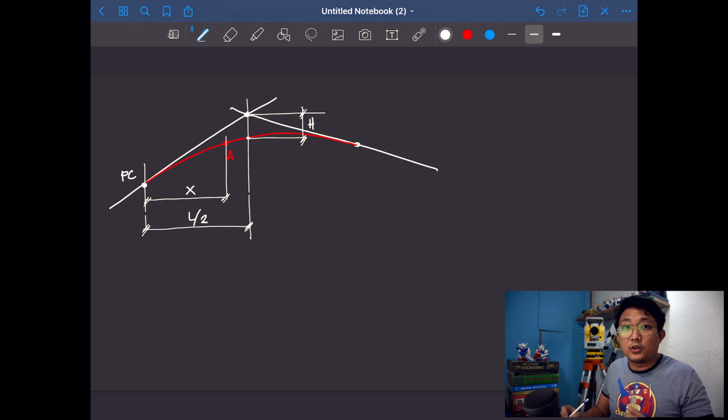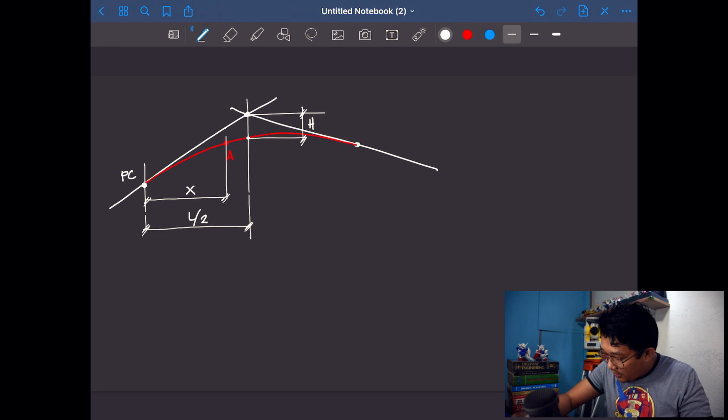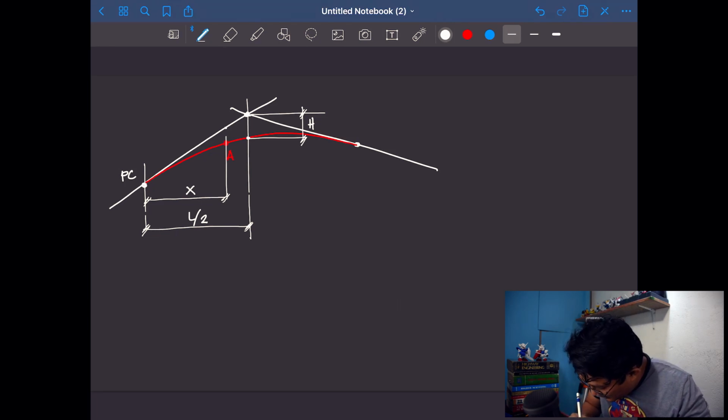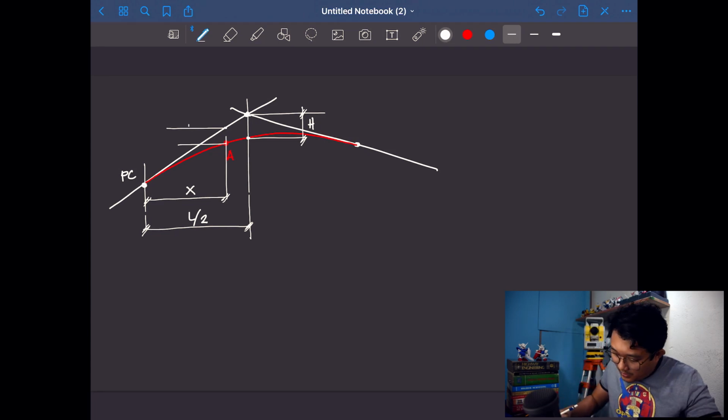Now, according to Euclid, you can also locate a point by measuring a vertical line coming from the tangent on the parabola. What that means is that therefore I can create a distance here, a vertical distance coming from the tangent to your parabola.